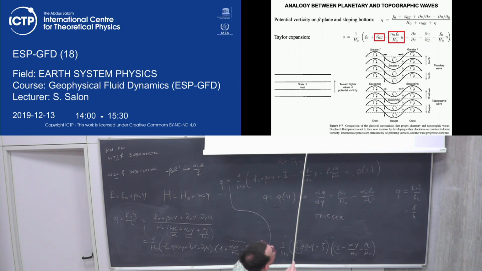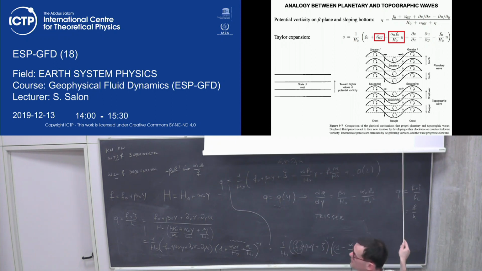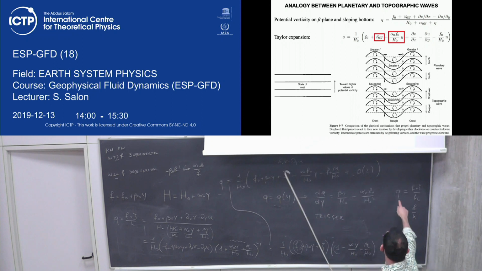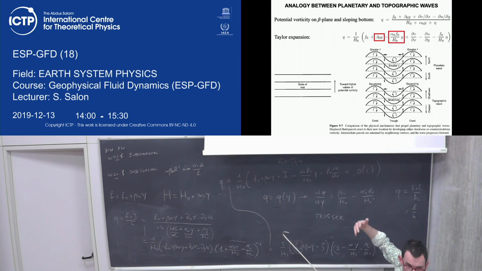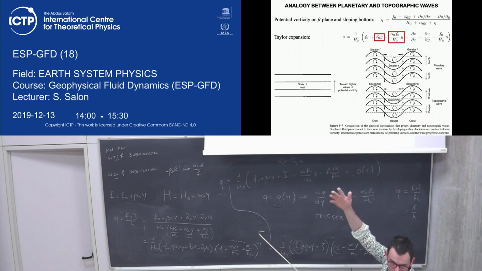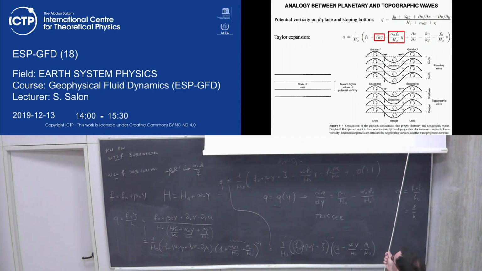So for the planetary effect, you are going toward north, because Q depends on F, and F increases going towards north, because it's the sine of the latitude. If you consider the topographic wave, Q increases when you are going toward the shallow area, the shallow part. Okay?